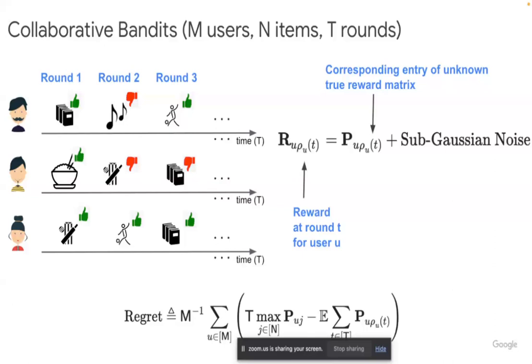Right. So a sub-Gaussian random variable is a special class of random variables whose moment generating function is bounded. Basically, at a high level, we can say that it has a tail which decays exponentially fast. This means that the probability of the random variable being larger or smaller than a particular value is very small.